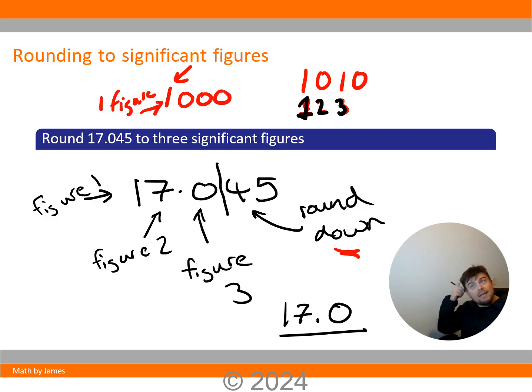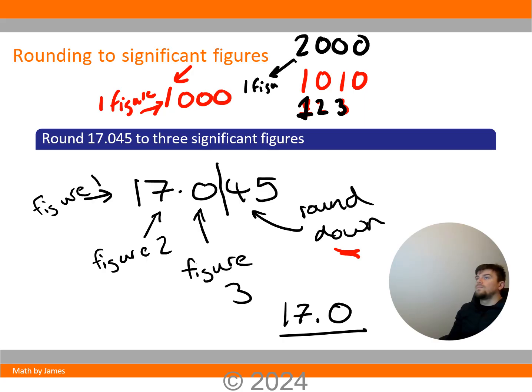So we have 3 significant figures. But if the 0s are after, for example, if we've got 2,000, this means we've got 1 figure here, and the rest are not significant. Only if it's in between. Do ask about that if you need more help.